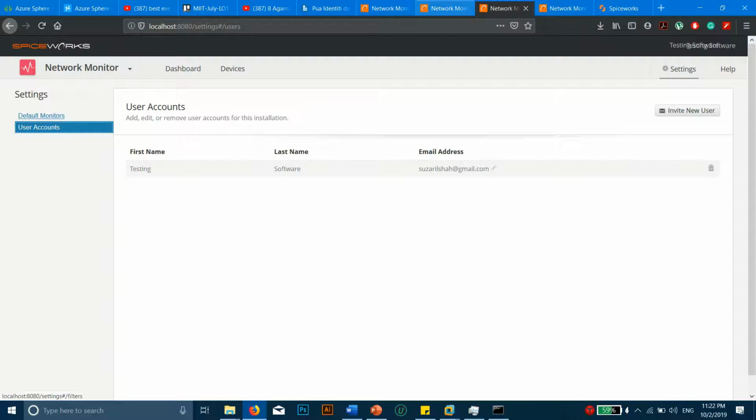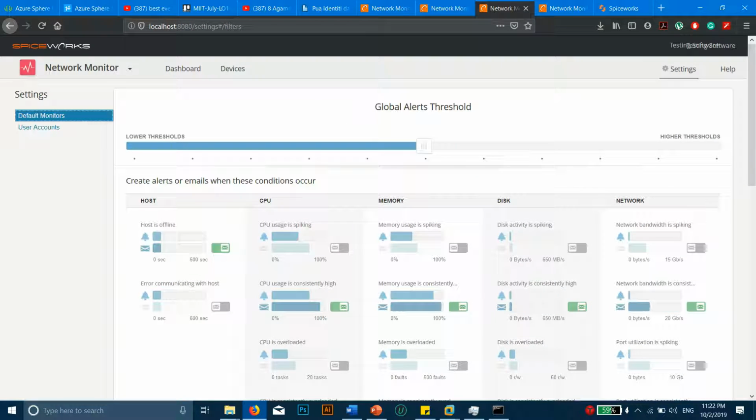You can see here, this is the setting for the Spiceworks Network Monitor. You can set up the threshold. If you have some sort of crucial data, you are handling lots and lots of data inside of the company, you must set it to a higher threshold, but it will cost you performance or network allocation.